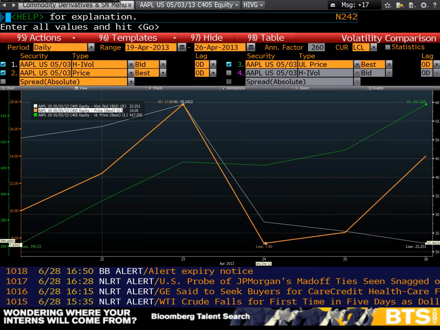You are in essence buying somebody's hopes and beliefs. You're not buying anything tangible when you pay for implied volatility.